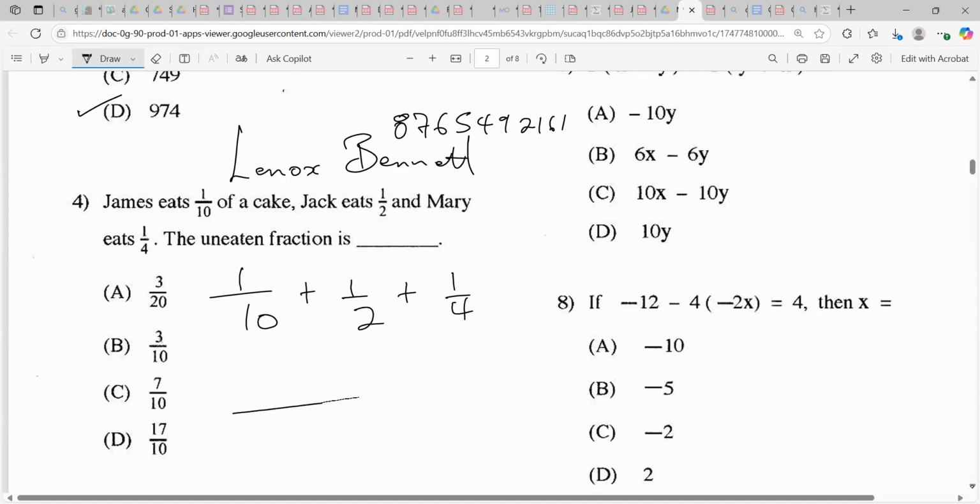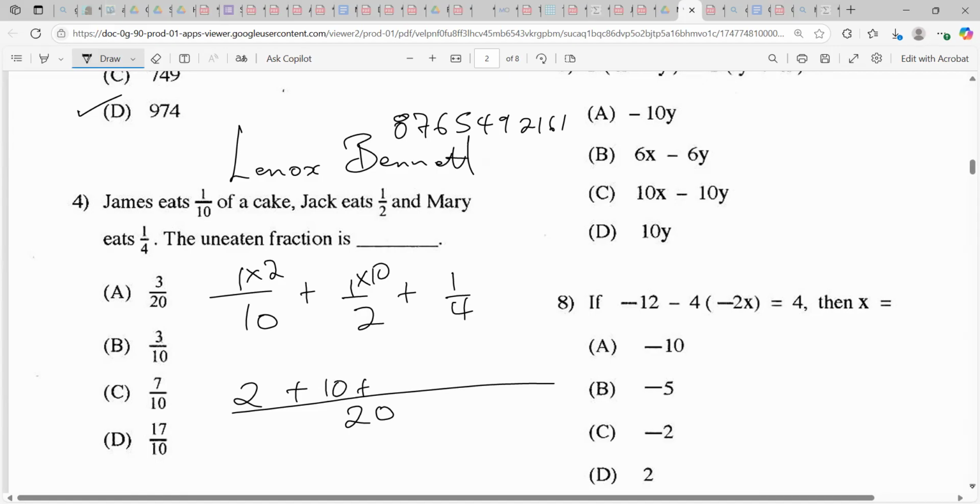Now the LCM would have been 20. That's the lowest number that all three numbers can go in without leaving a remainder. All right, so 10 into 20 goes 2 times. So we multiply that by the numerator. 2 into 20, that goes 10 times. Makes sense, right? Because it's a half.